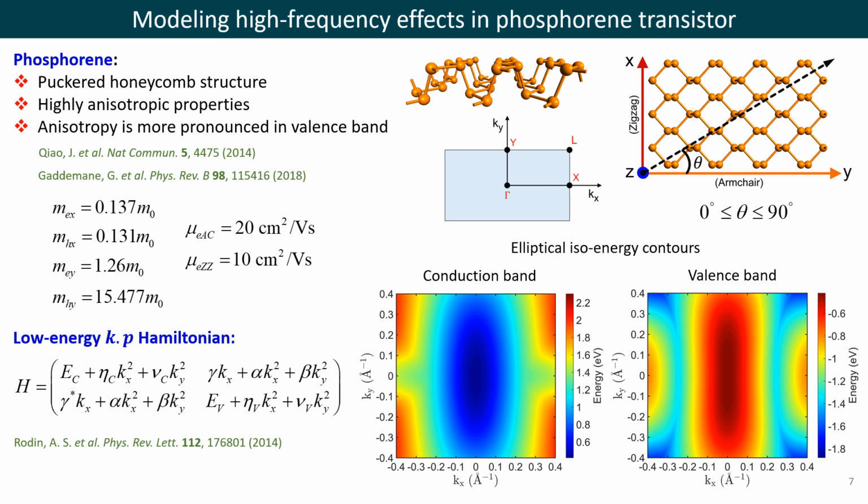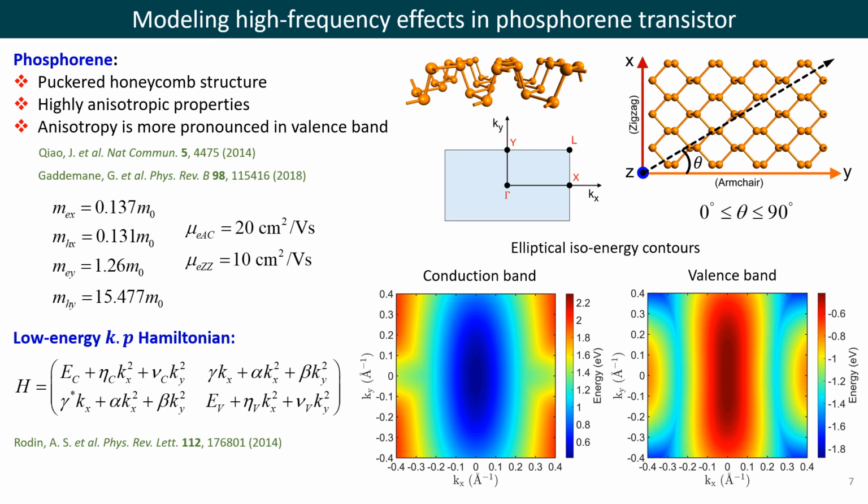In fact, this anisotropy is more pronounced in the valence band, making the directional hole effective masses even more contrasting than that of the electrons. In our model, theta is the transport direction that can take any value between 0 degree to 90 degree, where 0 degree refers to the armchair direction and 90 degree refers to the zigzag direction as shown in the figure.